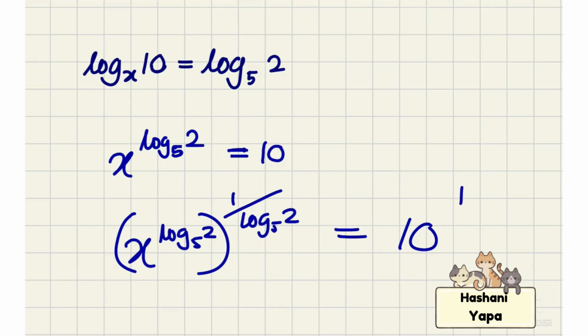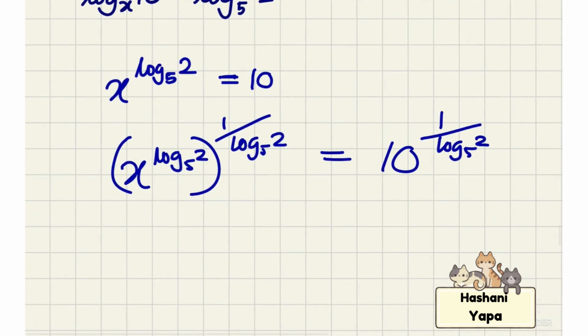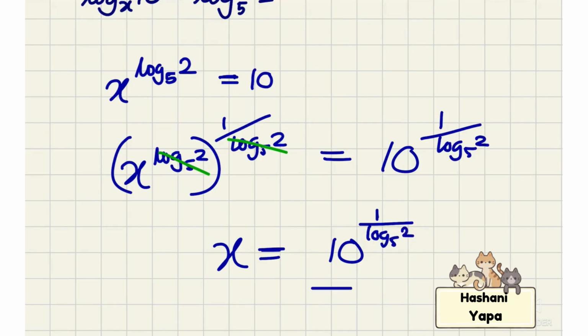So 1 over log 5 2. Now you can see that these two get cancelled. So we are left with x equals 10 to the power 1 over log 5 2.